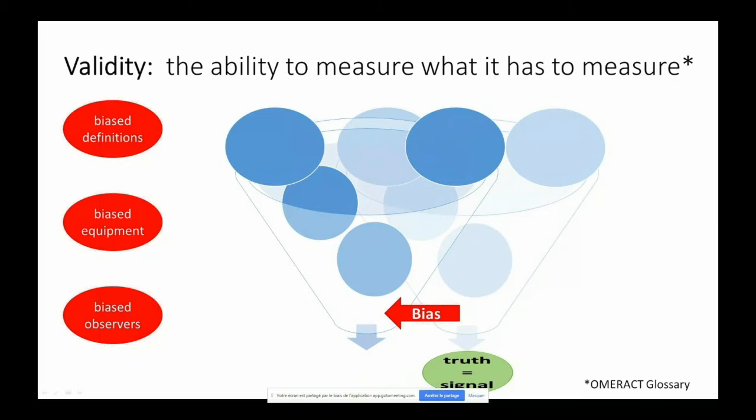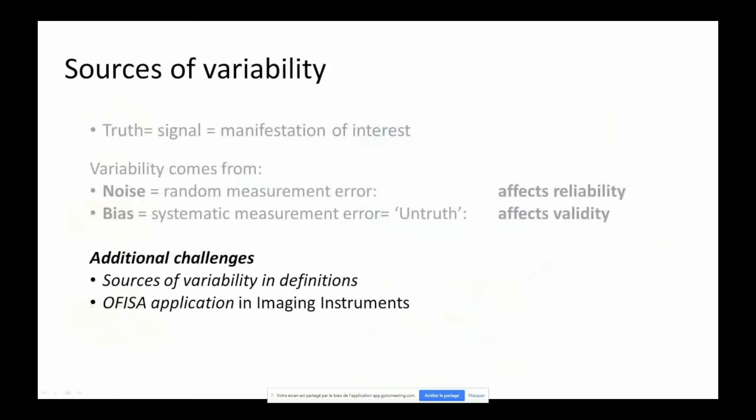The definition of what we want to measure, or the use of biased equipment and biased observers, so not well trained or not well able to acquire the images, for example, for ultrasound.